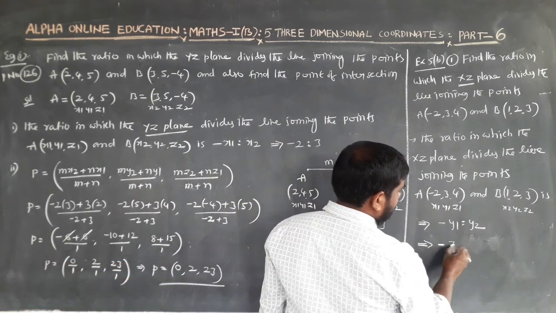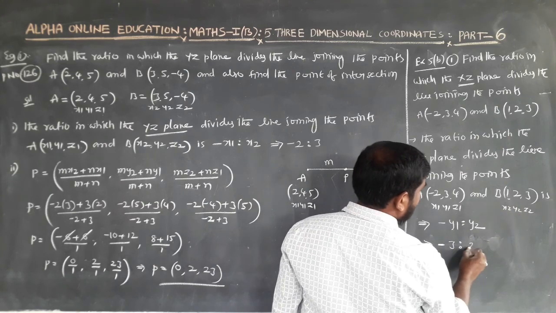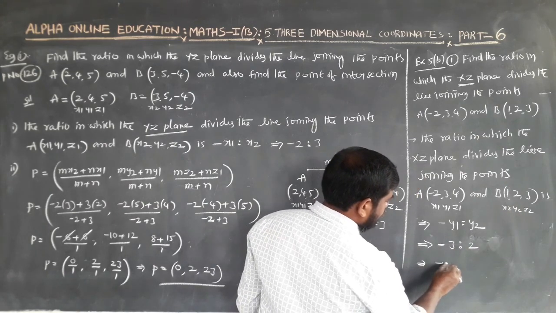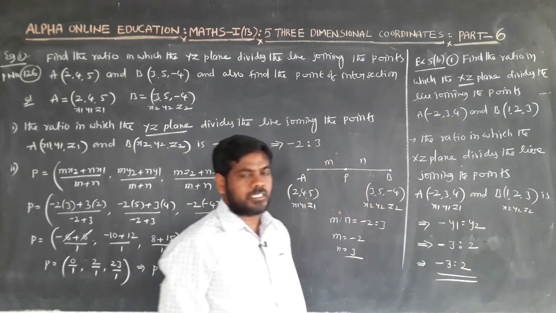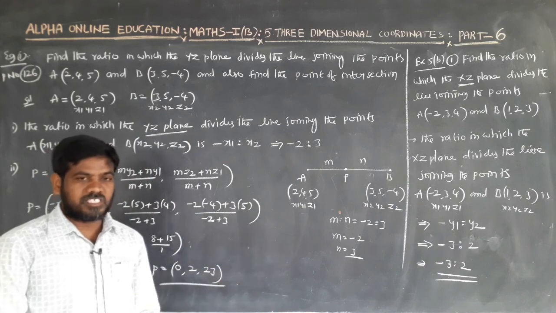Minus y1 = -3 and y2 = 2. So the answer is minus 3 is to 2. This is the answer.